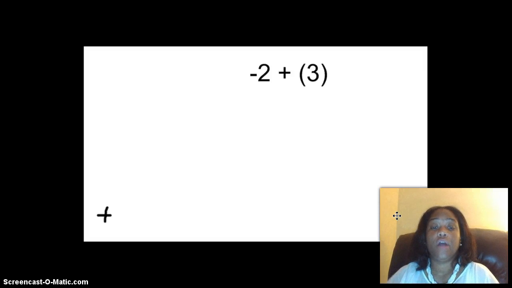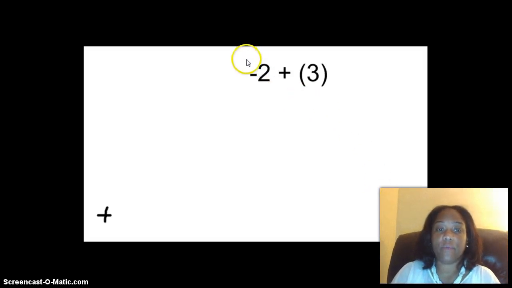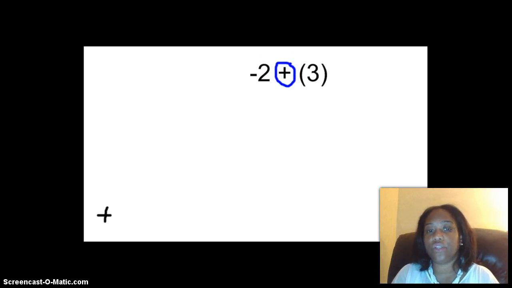So, first number we have is 2. I'm going to circle that this is addition. And I want you to get in the habit of circling it because I think it really helps us determine what operation we are going to be doing. Because going down, you're going to be doing addition, subtraction, division, and multiplication.